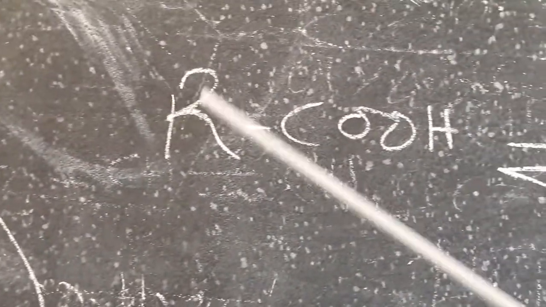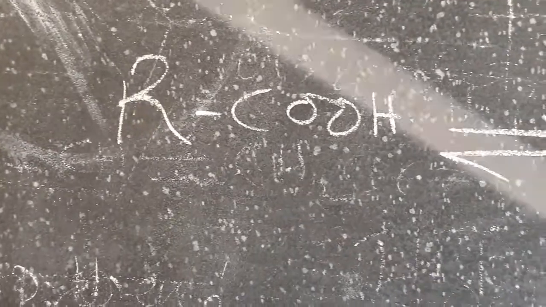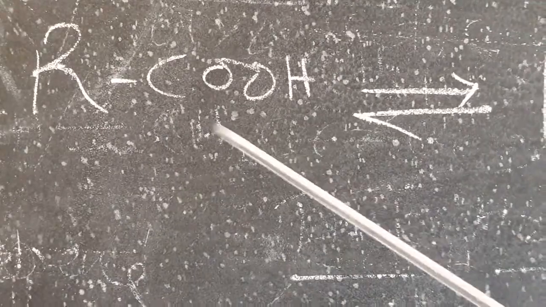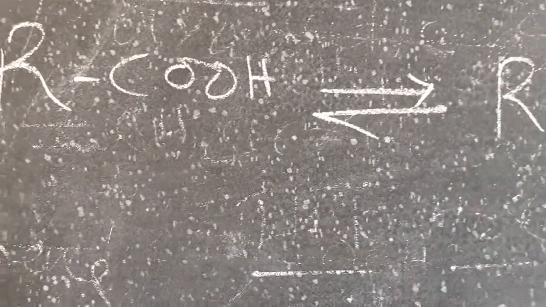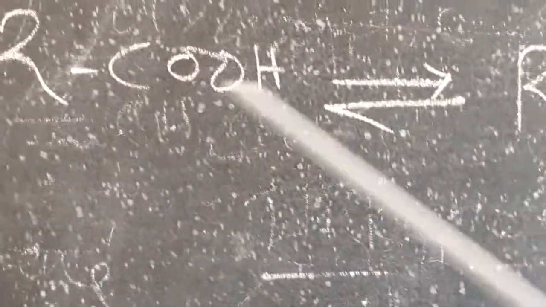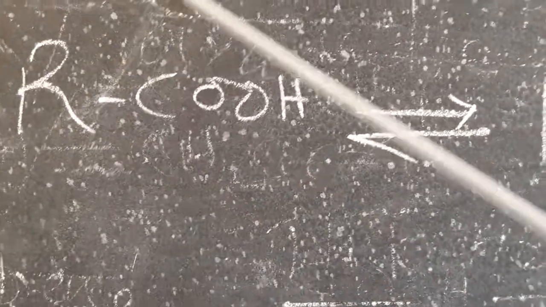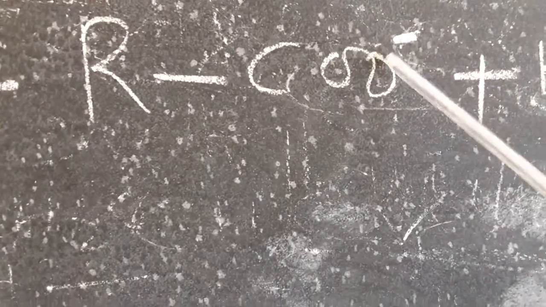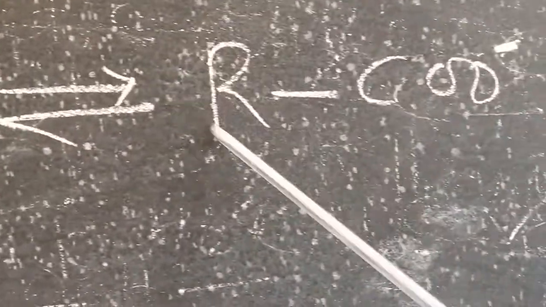So in such cases, a methyl group is an electron supplying group, an OH group, a methoxy group, all electron supplying groups. So an electron supplying group will give more electron cloud towards COO. So what happens? If it is an electron withdrawing group, this will be stabilized.